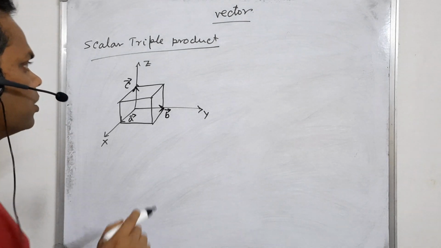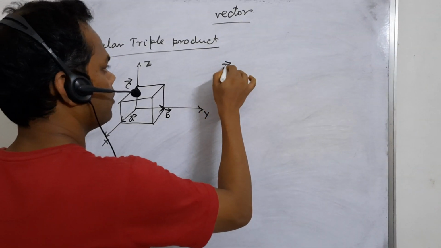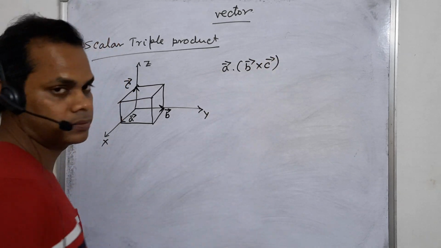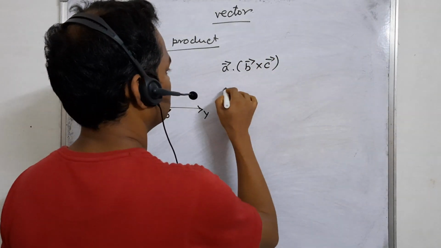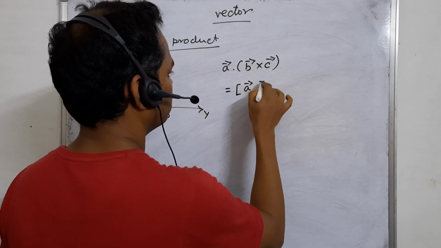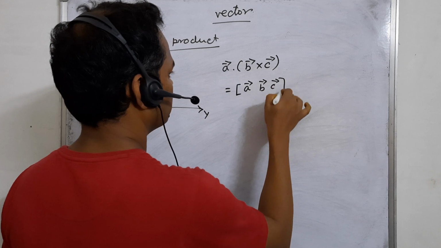Then the scalar triple product is a vector dot b cross c vector, or it can be written as box a vector, b vector, c vector.